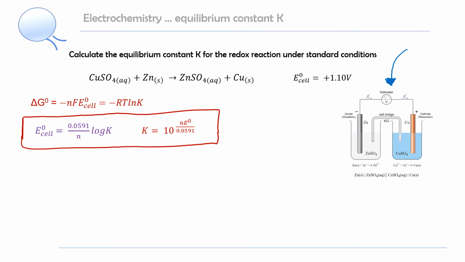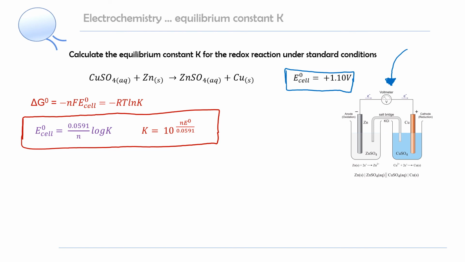And we know the cell potential under standard conditions is 1.101 volts. We got that data from the standard reduction data tables. So what I want to do now is calculate the equilibrium constant for this reaction under standard conditions.